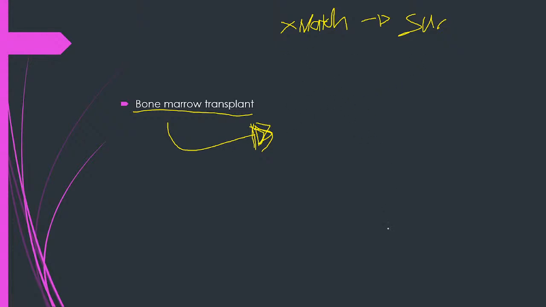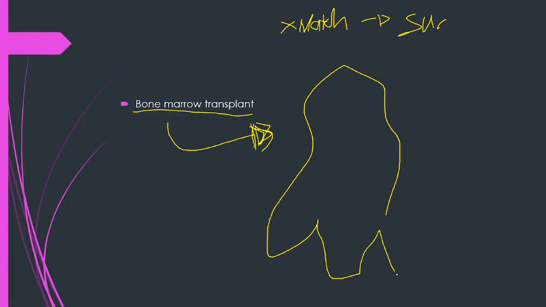We need to kill off all the erythropoietic stem cells in the patient's body, and therefore the patient will be irradiated. Okay? So I will draw a radiation sign here, a radiation hazard. So the patient would be fully irradiated to kill all of the erythropoietic stem cells.